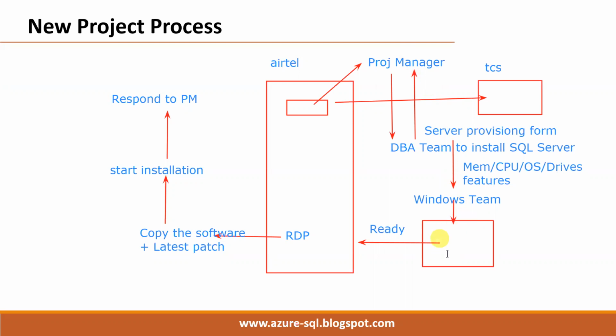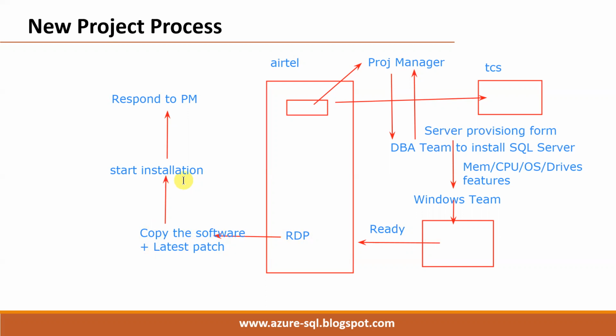After creating the server, they will send a mail to our team that the server is ready. We'll check the details, take RDP, and copy the software into this server. Generally, we maintain SQL software in a shared location, copy it from there, and then continue the installation.